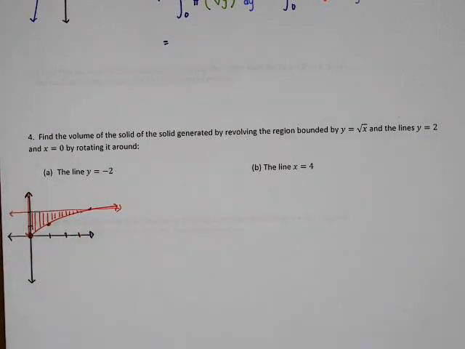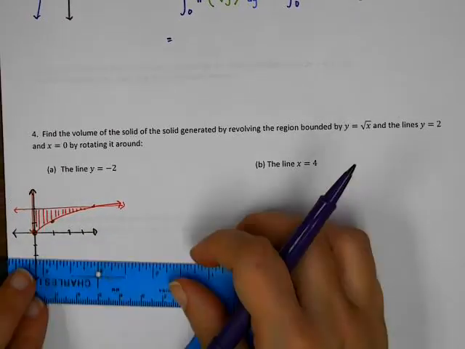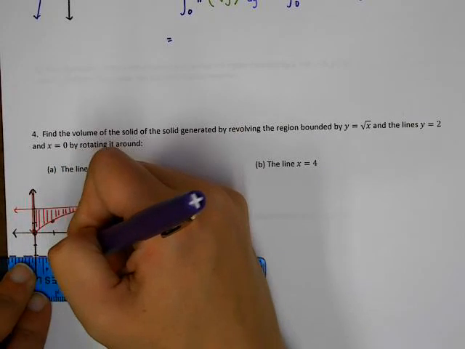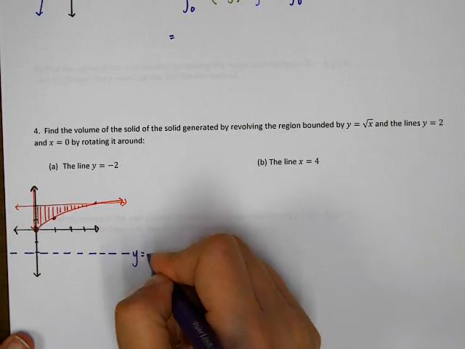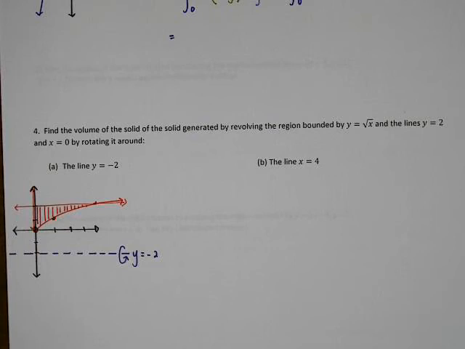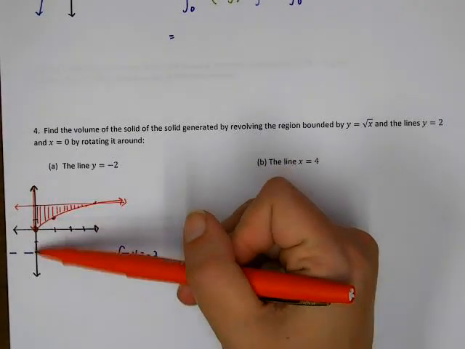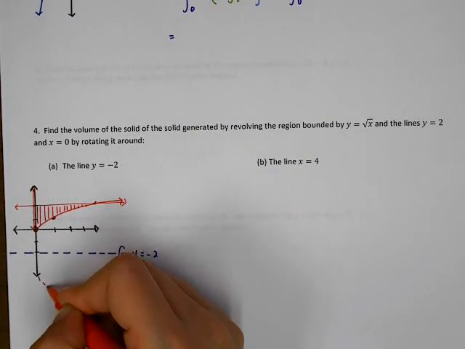And we're going to rotate this around a new line that's not one of our axes. It's the line y equals -2. So if I were to draw that line on my graph, the axis around which I'm rotating is all the way down here. To draw the reflection, you'll notice there's a big space between this shape and the line. So there's going to be a big space between the line and my reflection.